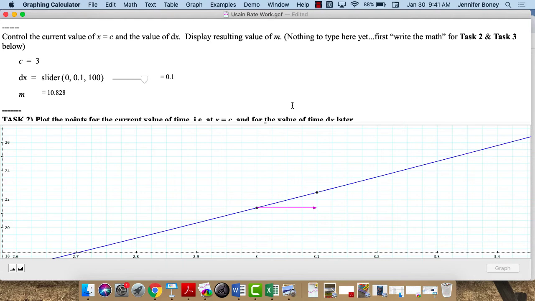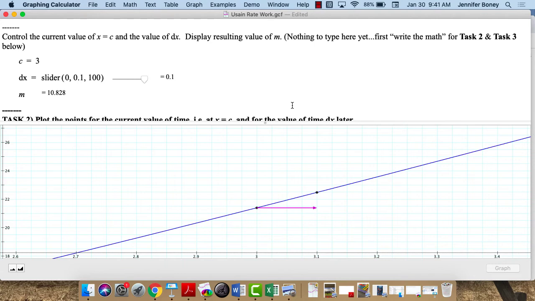In this case, since it was 6 significant digits and there's only 5 numbers, this must be precise. It is a polynomial, and we have a nice round number of 3 used as the x input and 3.1 used as another input. Those are going to be terminating decimals even raised to the 5th power. They're just kind of long, but this whole ratio came out to be exactly 10.828.